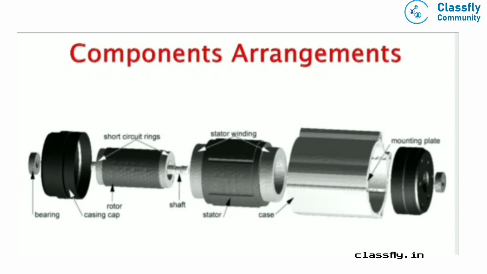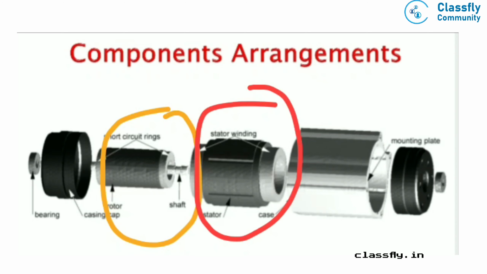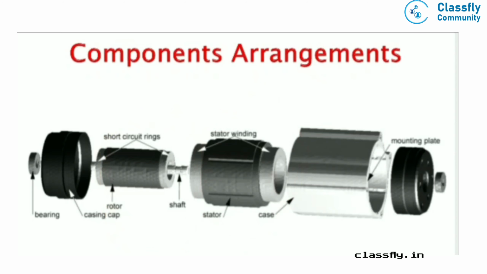I am showing you the main part, that the rotor is above the shaft, as a layer over the shaft, and this is our stator part. Let's move on to the slip, which is the most important part of an induction motor.